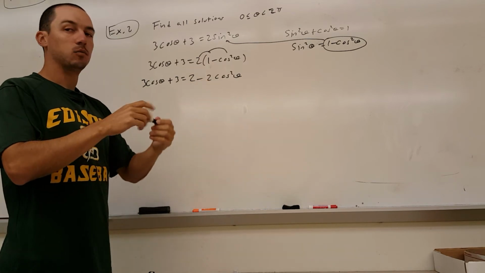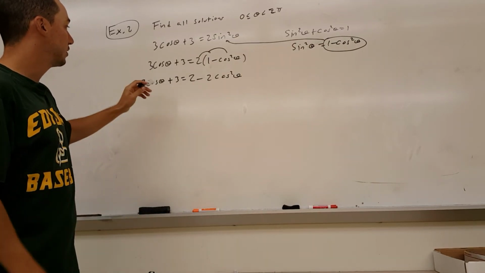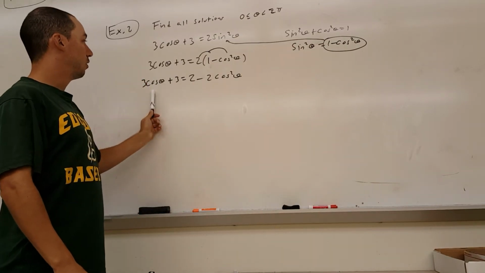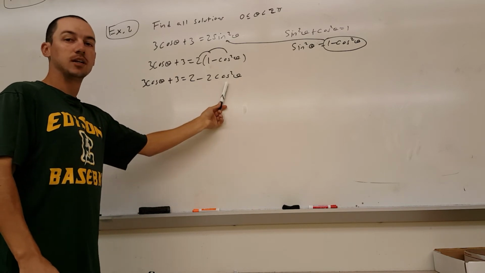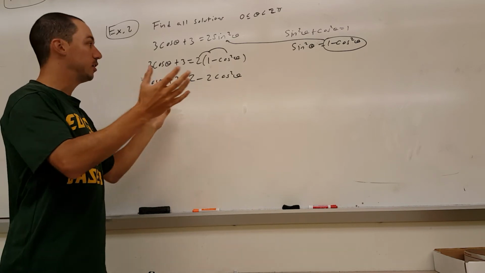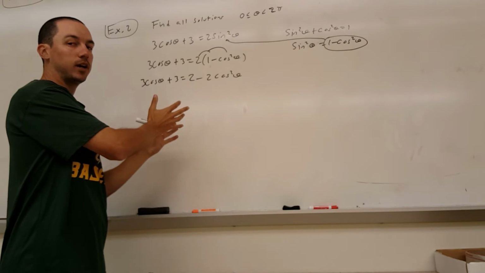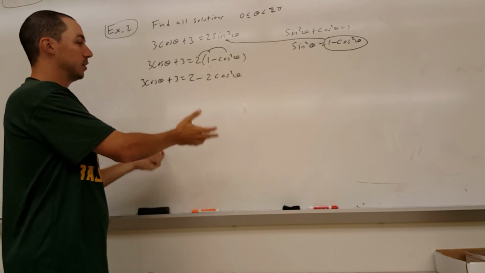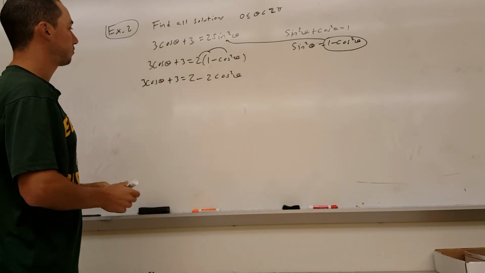Again, when I say you better recognize that you have a variable to the first power and a variable to the second power, and they're both the same variable, you need to get everything on one side of the equation before you can factor or use the quadratic formula. Everything must be on the same side of the equal sign.